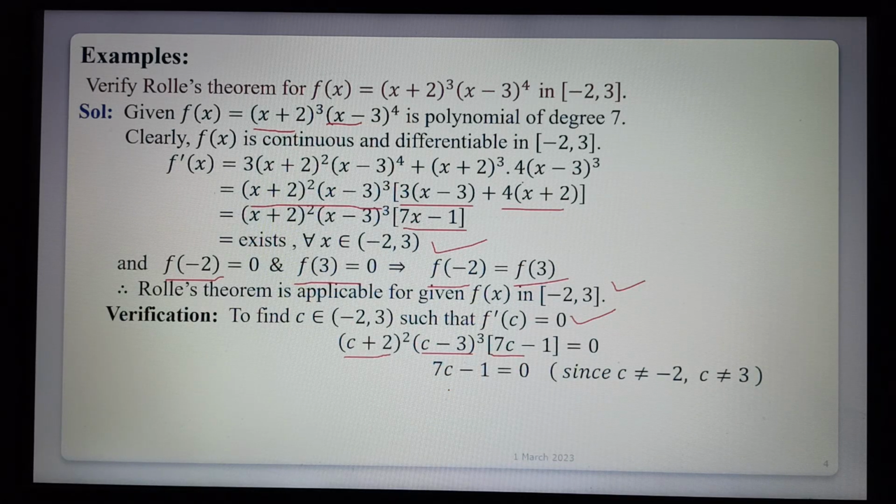So 7c-1 = 0, since c is not equal to -2 and c is not equal to 3, because c lies between them but is not -2 or 3. So 7c-1 = 0, c = 1/7. So 1/7 belongs to the interval (-2, 3). So there exists one point between -2 and 3. Therefore Rolle's theorem is verified.